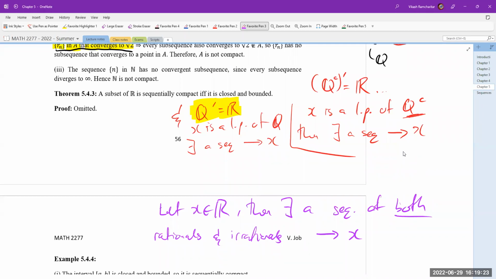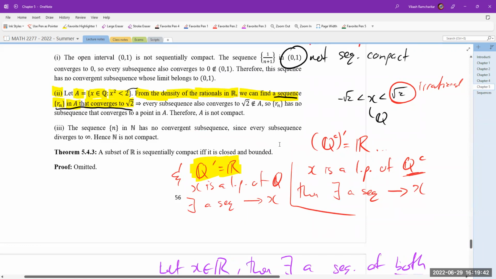If you take any real number, I could always construct a sequence of rational numbers that converge to it, or I could always construct a sequence of irrational numbers that converge to it. That's actually how the real numbers were created. Okay, it was created to have this sort of thing. Anyway, so square root 2 is a real number.